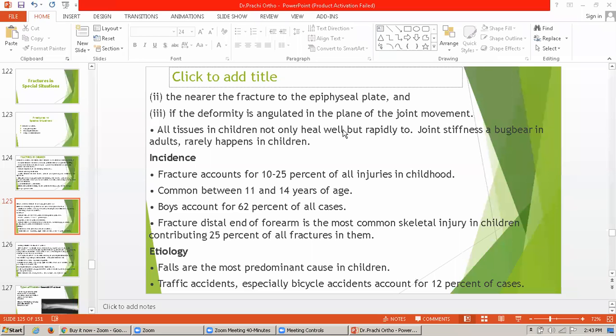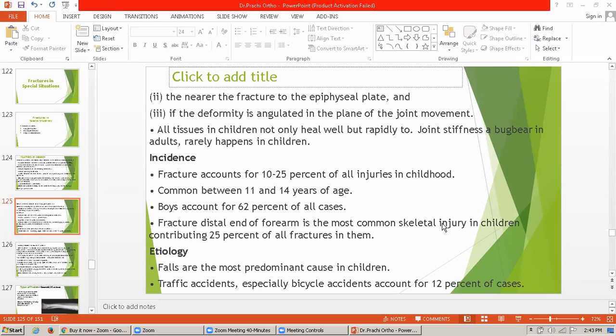Then all the tissues in children not only heal well but rapidly too, that is, joint stiffness is a bugbear in adults, and it rarely happens in children. Fractures account for 10 to 25% of all injuries in childhood, common between 11 and 14 years of age, and boys account for 62% of cases. Fracture of the distal end of the forearm is the most common skeletal injury in children, contributing 25% of all fractures in them.